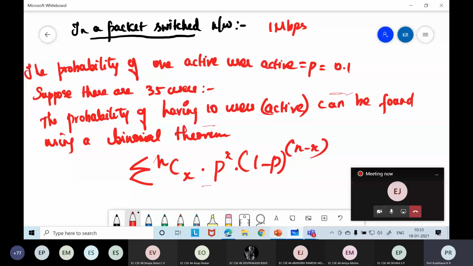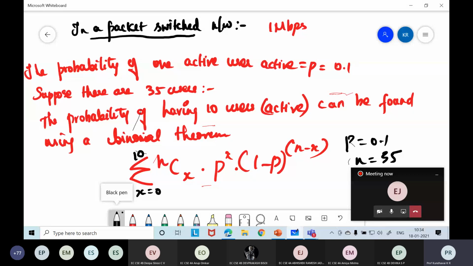Here x falls between the limits 0 and 10, because we are finding the probability of 10 active users using the binomial theorem. We are using the binomial theorem to arrive at a result for packet switched networks, where P is 0.1 and N is 35 users.